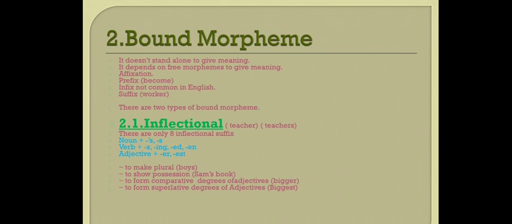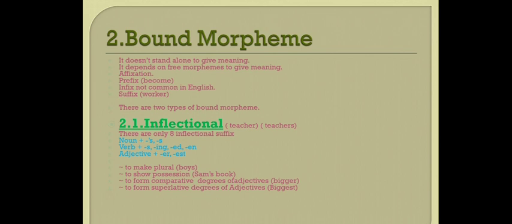It cannot give its meaning unless it is attached to a verb or word like work. So worker. This way there are so many words like teacher, player, talker, speaker, runner. So there are so many other words that can be added to a root to make new words.